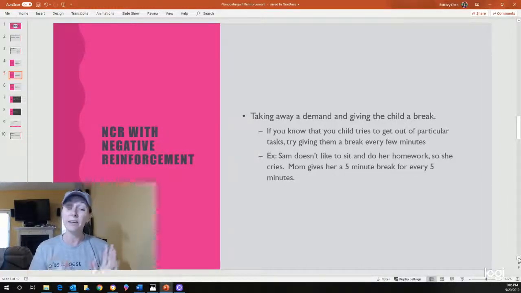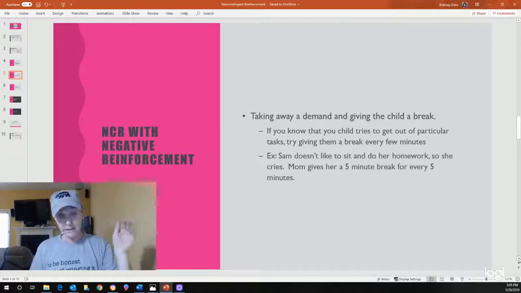I think everybody has to get their brain wrapped around it before they stop thinking positive is good, negative is bad. You want to clear that out. Pretend like you're in Algebra 1 again, or science: positive plus, negative minus.